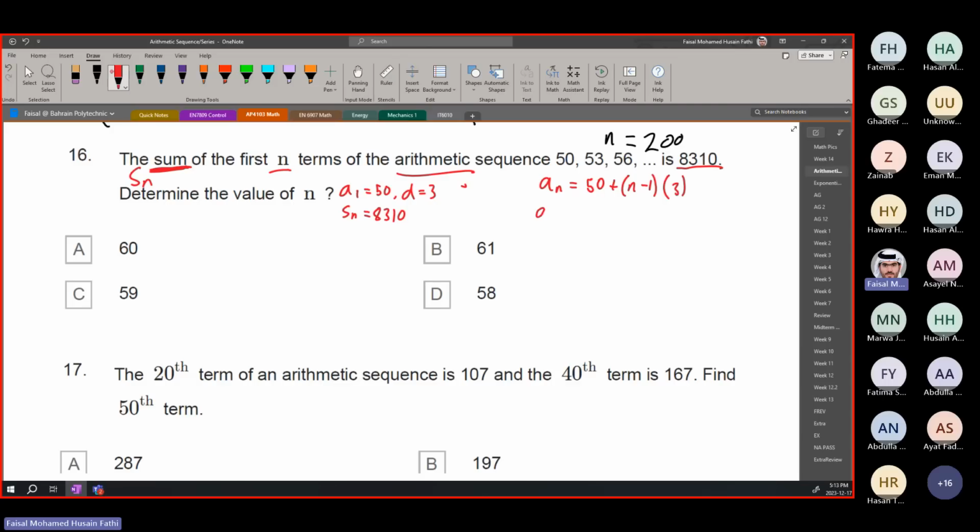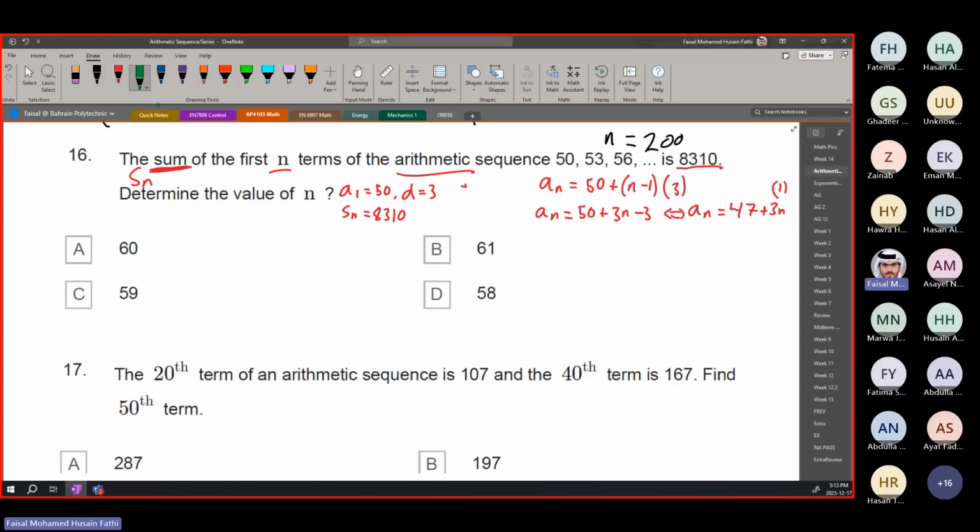If we simplify this, it is 50 plus 3n minus 3, or we could just write An is equal to 50 minus 3, which is 47, plus 3n. This is our first equation.